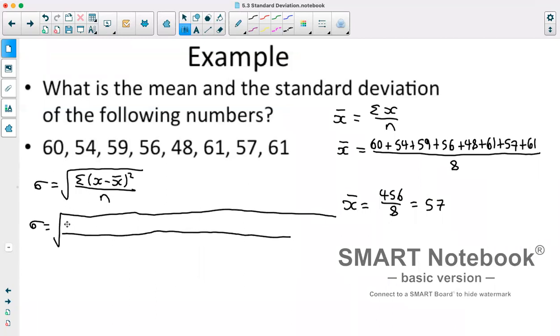Okay, so our first data point was 60, so we'll have 60 minus our mean of 57 squared. Then we go to add our next one, so plus 54 minus 57 squared.